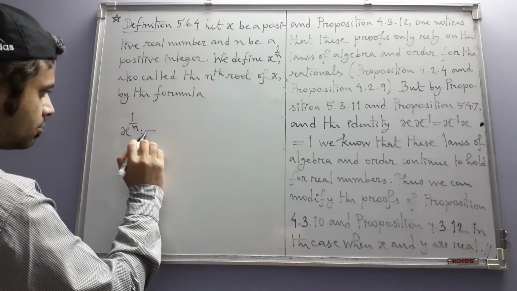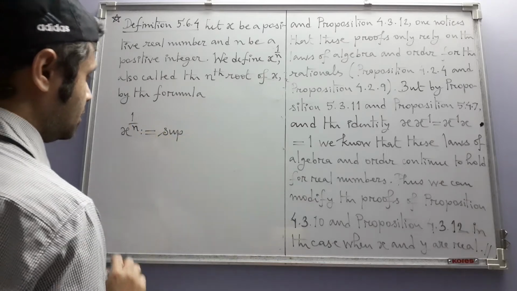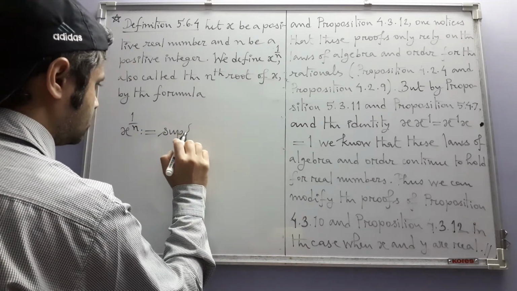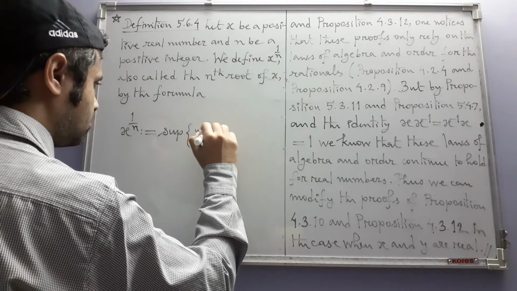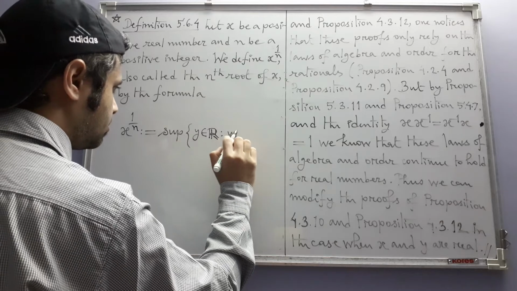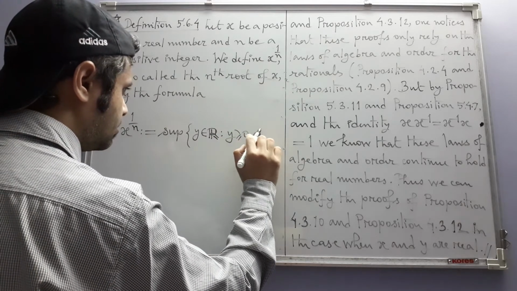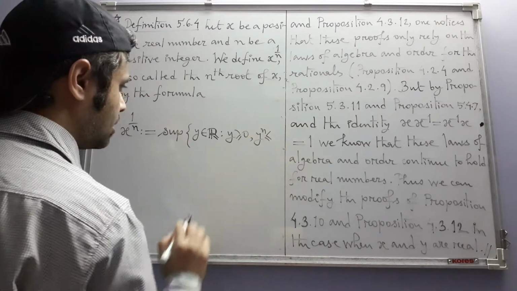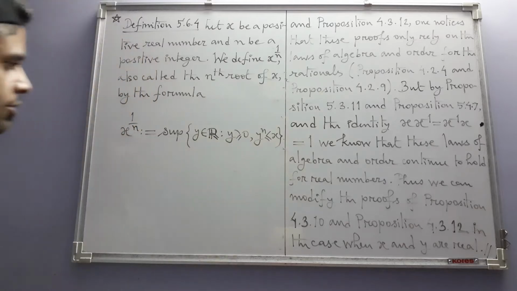The nth root of x is defined to be the supremum of this set, the set of all real numbers y such that y is non-negative and the nth power y to the power n is less than or equal to x.